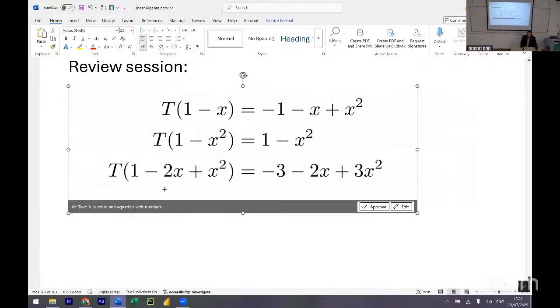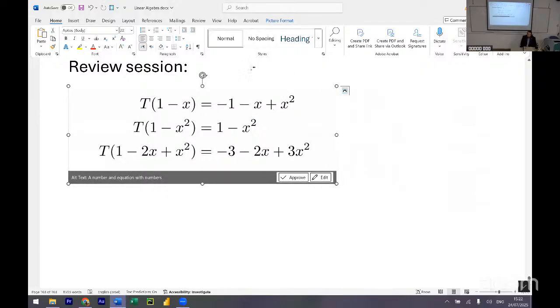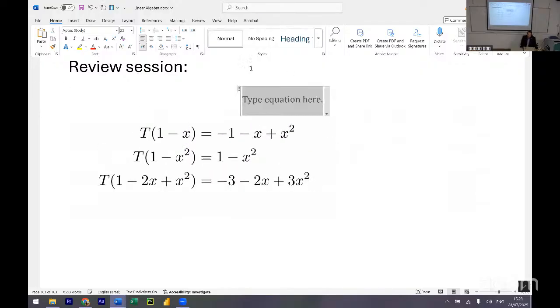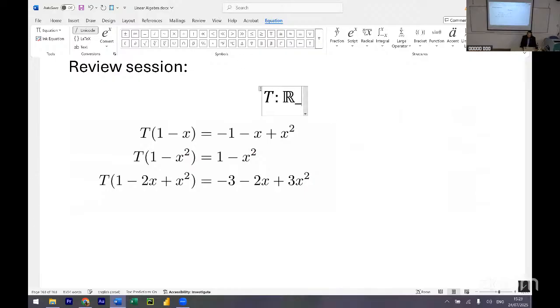T is a linear transformation between polynomial vector spaces up to and including degree 2. And the thing is this.